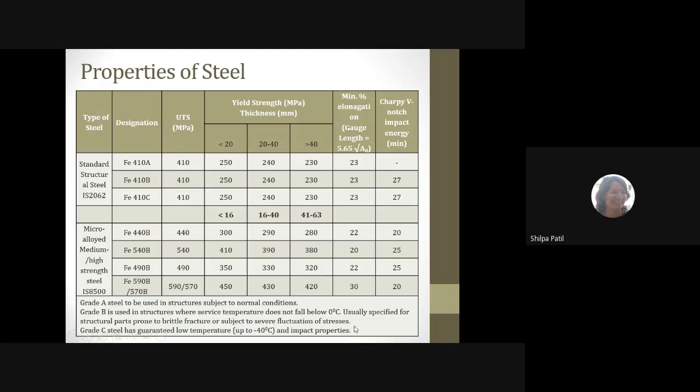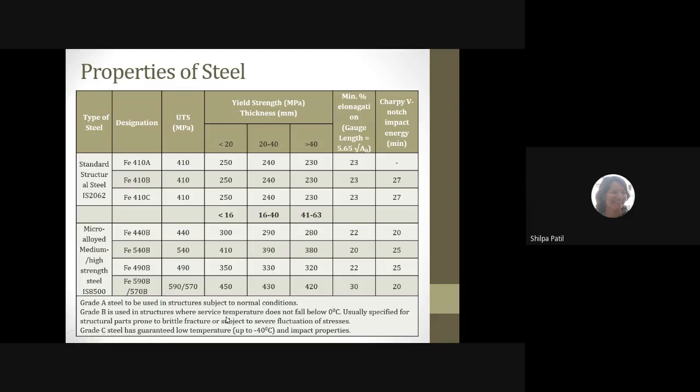So the location where there is a fluctuation in the stresses, a large variation in the temperature is observed, and because of that the brittleness in the material gets developed. So if the structural parts are subjected to brittle fracture, we should go for grade B steel. And grade C steel has a guaranteed low temperature and impact properties.